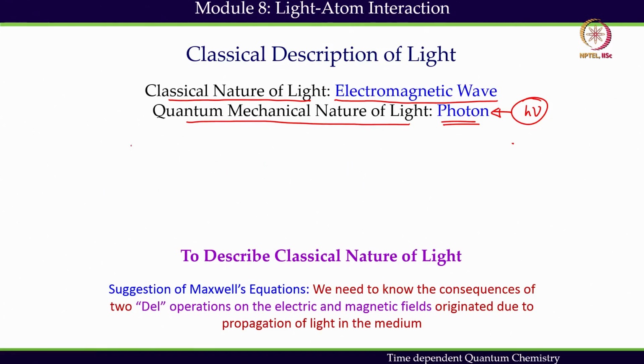So, let us say I have a medium and light as an electromagnetic wave. Very soon we will see that this is just a plane wave, which is why I am drawing it this way. When light is propagating through the medium, the medium's electromagnetic state changes.